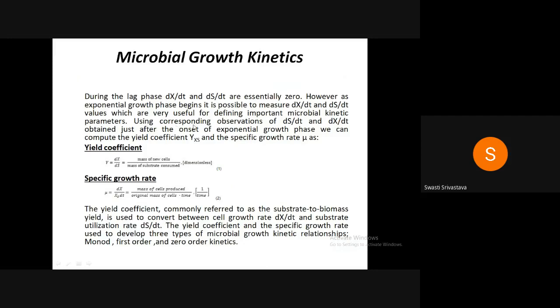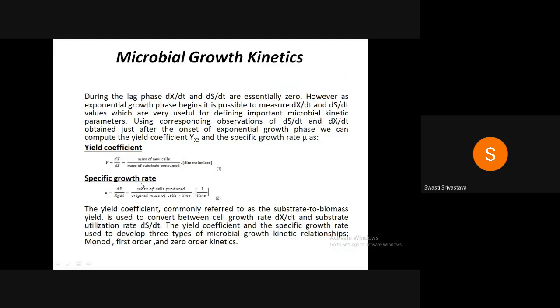Now, using the corresponding observations obtained just after the onset of the exponential growth phase, we can compute the yield coefficient and the specific growth rate mu. So the yield coefficient is given by Y = dx/ds, that is, mass of new cells upon the mass of the substrate consumed.